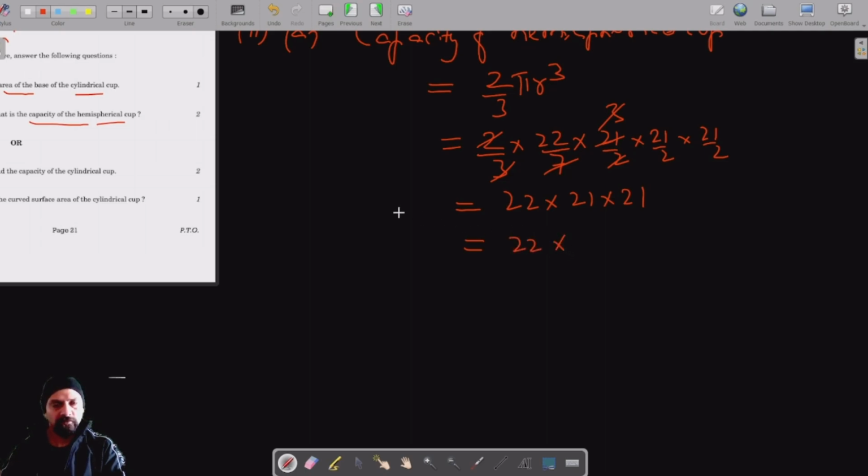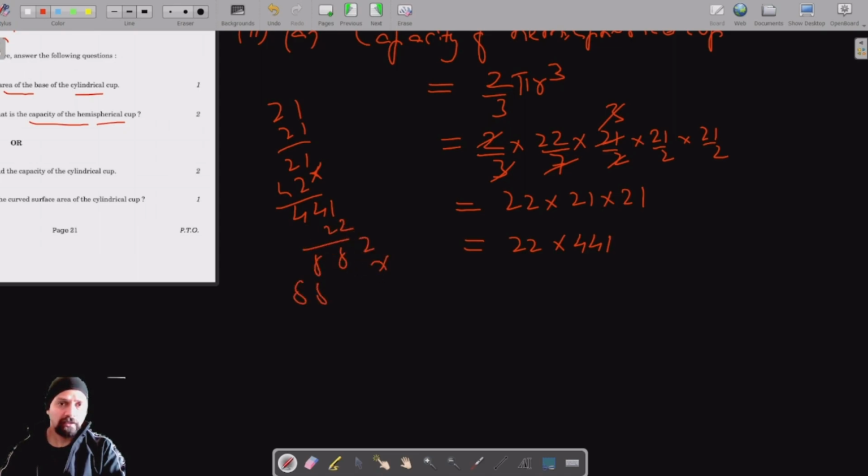Now 22 into 441 has to be calculated, so 441 is multiplied with 2, and this gives us the volume capacity. This is 2 by 3 into 22 by 7 into 21 by 2 into 21 by 2 into 21 by 2. So let me just check it once again.